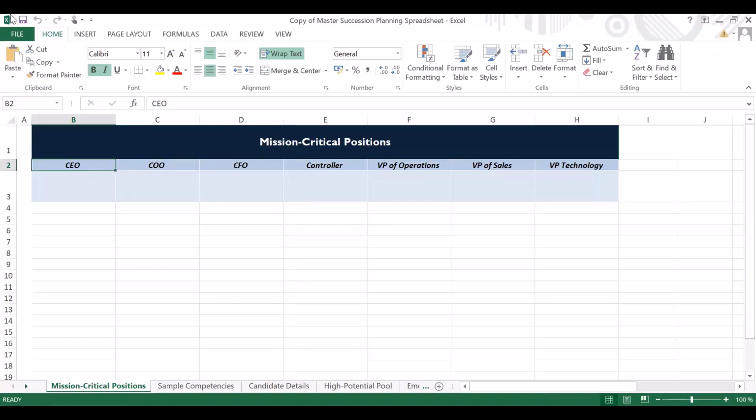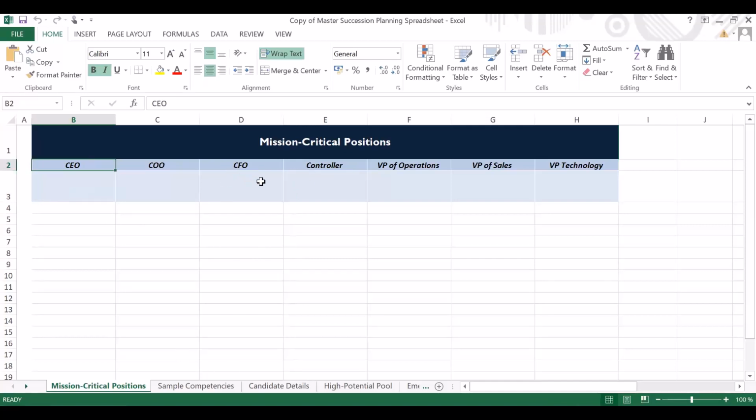You may be outside of Nigeria, you may be in the north or wherever. You need to think around that. So they define the CEO, COO, CFO, controller, VP of operations, VP of sales, VP of technology. If those people should leave, there will be a problem. Those are mission critical roles to the strategic objectives of the organization.